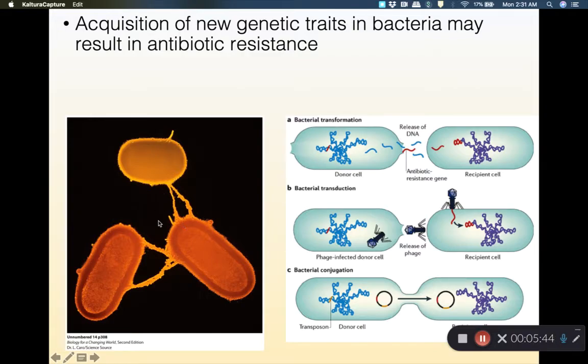What you're seeing here in this scanning electron microscope image is DNA leaving the bacterium to join into a new cell. Another way this can happen is viruses can go inside these bacteria, take up DNA, and then deposit it back into a new cell. This can also happen in something called bacterial conjugation, which again we're going to go into later on. But I want you to know that there are various mechanisms by which new types of DNA can be introduced to bacterial cells.